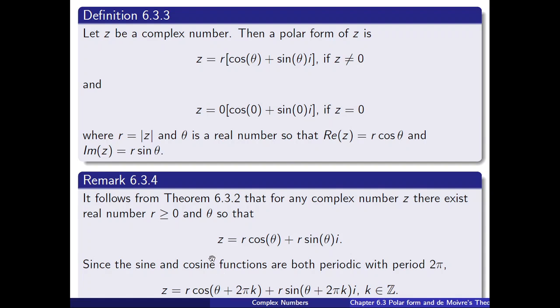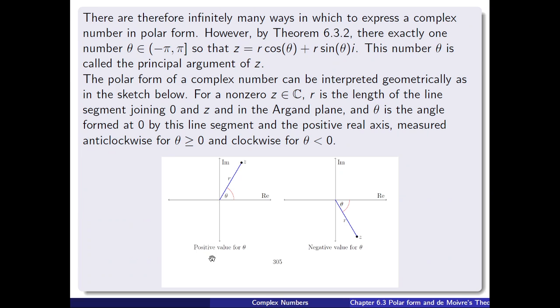So we can express a complex number in infinitely many ways, but we can restrict to have exactly one theta if we restrict theta to be between minus pi and pi, where this is open and that is closed, and we call that our principal argument, right? So the polar form of a complex number can be interpreted geometrically as the sketch below.